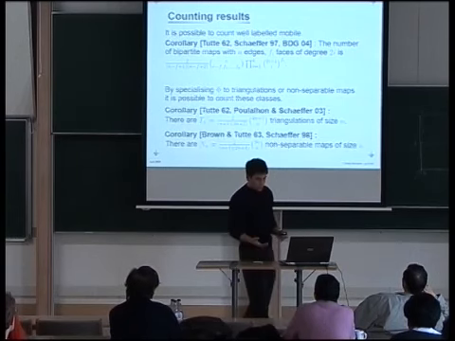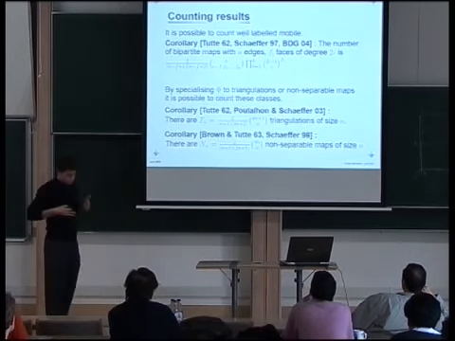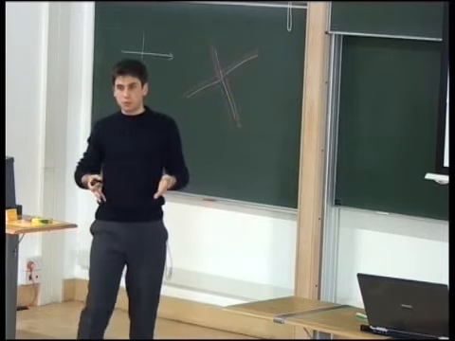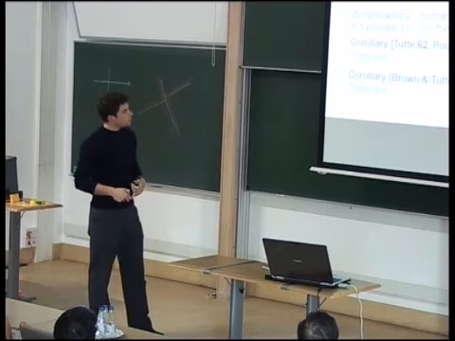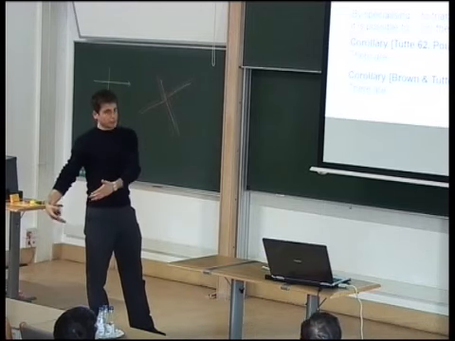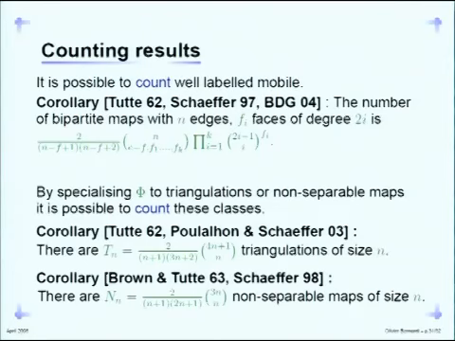And there are other cases where you can specialize the covered maps bijection, and you are able to describe the object that you obtain at the end. So if you start from a triangulation with a specific orientation on it, you will be able to count the mobiles that you obtain at the end and recover a bijection which is different from the one of Poulalhon and Schaeffer, but which gives the same result of Tutte, giving the number of triangulations of size n.